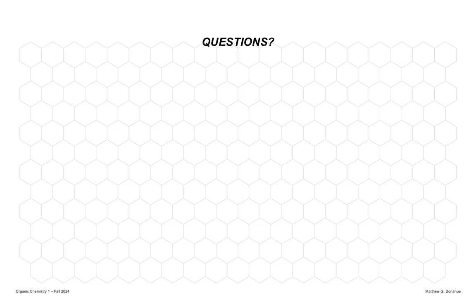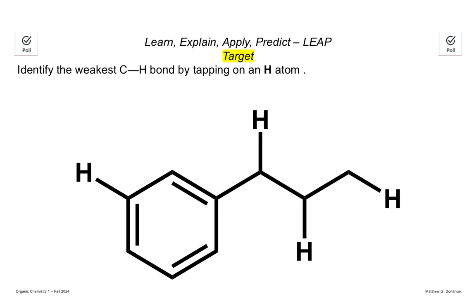So the last slide from Friday was: given this molecule with 4 explicitly shown hydrogen atoms, which one has the weakest CH bond?